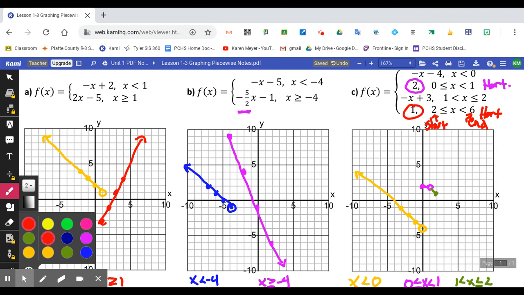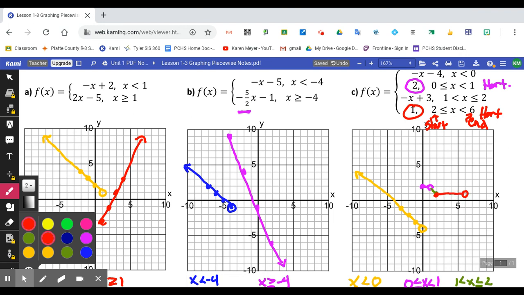And at the starting, that one has a or equals to, so that's going to be a closed circle. And then we're ending at 6, so go up to 1 because that's where our horizontal line is, and that should be an open circle.